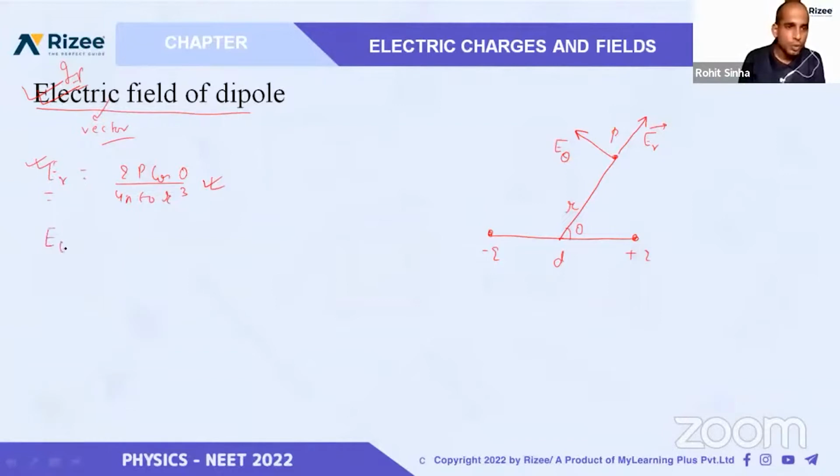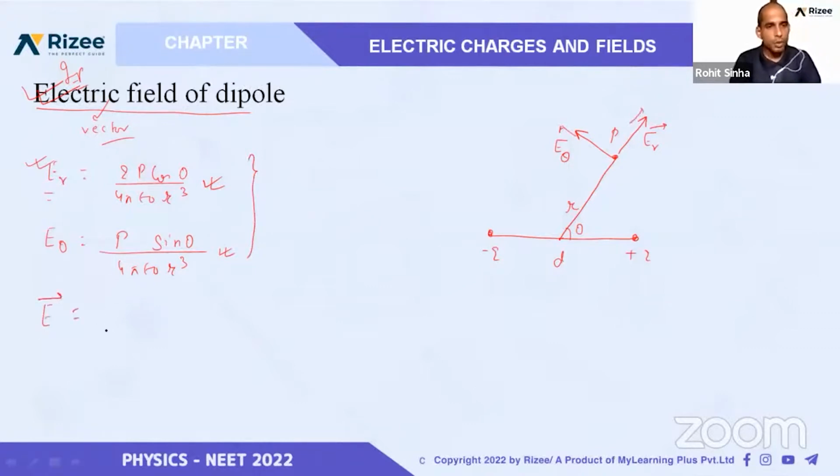And if we find E theta, what do we get? p sin theta by 4 pi epsilon naught r cube. This is in this direction, and in this direction we find it like this. Now, since electric field is a vector quantity, we will find the vector addition.